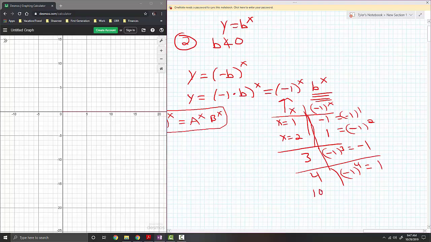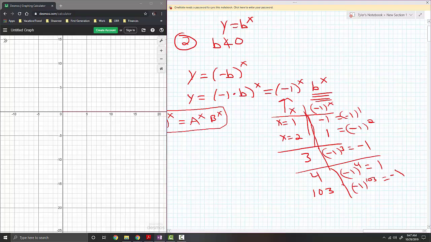What if I put in like the 103rd power, negative 1 to the 103rd? You don't have to actually multiply it out 103 times. You can notice a pattern that when x is even, I'm going to get positive 1, and when x is odd, I get negative 1, right?